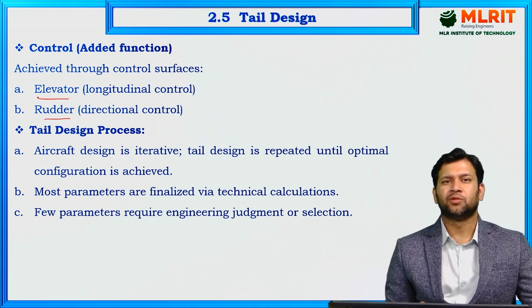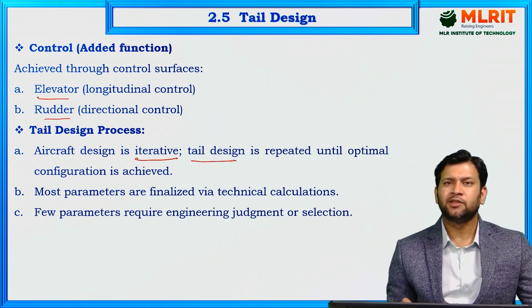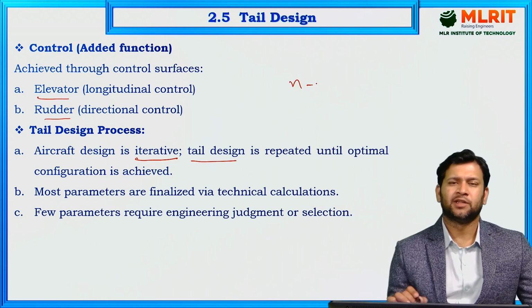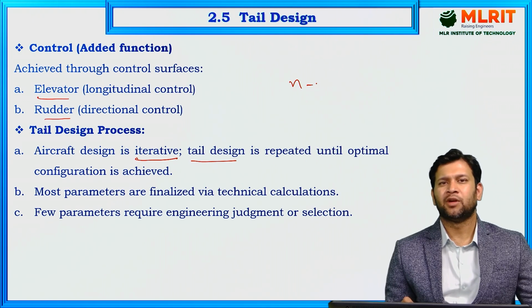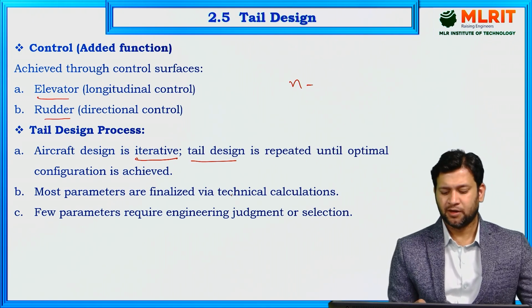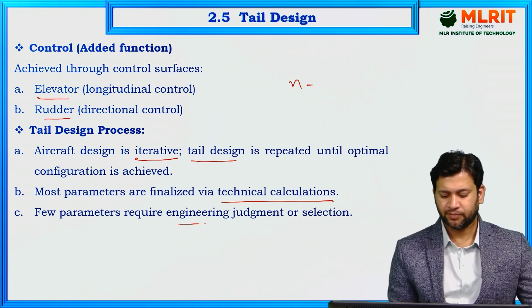The tail design process. Aircraft design is an iterative process, and tail design is repeated until optimal configuration is achieved. We will test with n number of designs to ensure the requirements are satisfied. Most parameters are finalized via technical calculations, and few parameters require engineering judgment or selection.